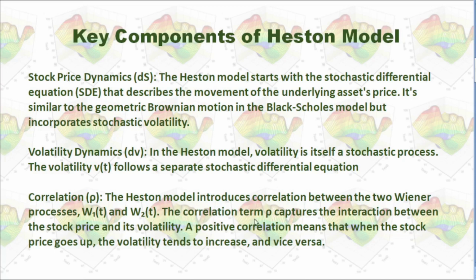The correlation term ρ captures the interaction between the stock price and its volatility. A positive correlation means that when the stock price goes up, the volatility tends to increase, and vice versa.